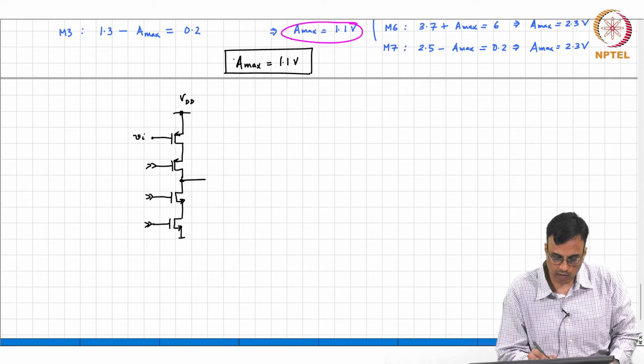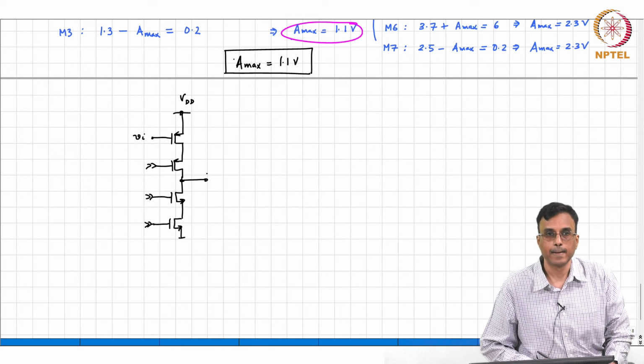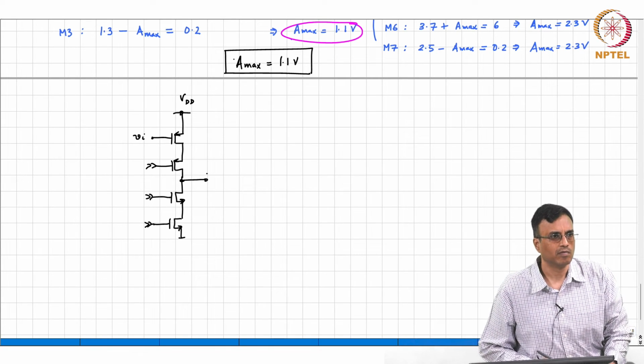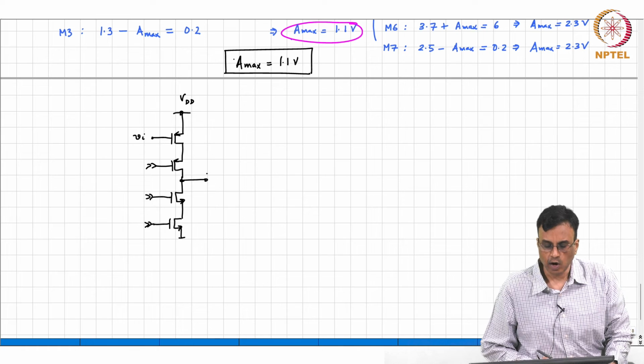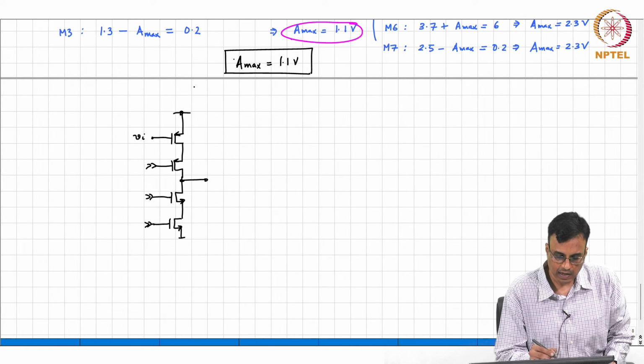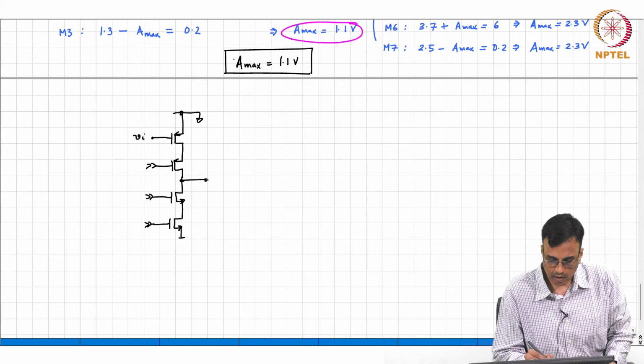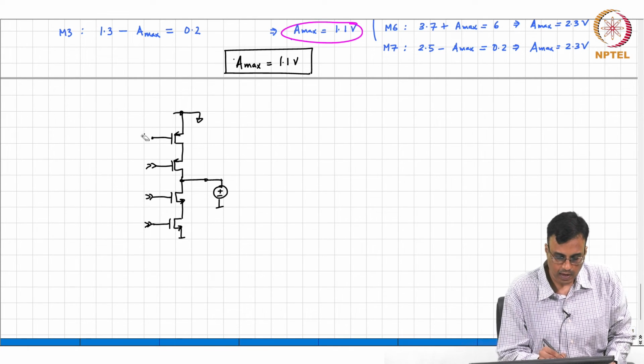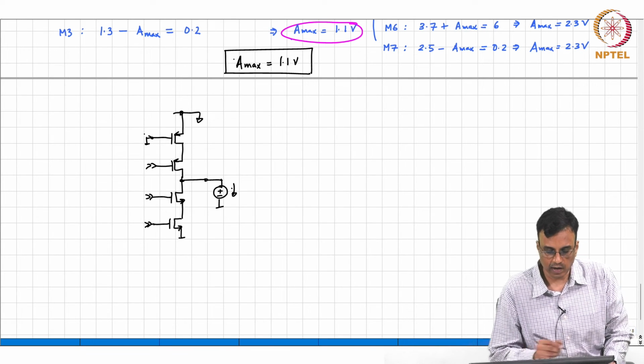So the question is, what is the incremental gain? We find the Norton equivalent, correct? So in the incremental equivalent, this becomes ground. To find the short circuit current, we connect Vo to incremental ground and measure the short circuit current. What is the short circuit current?